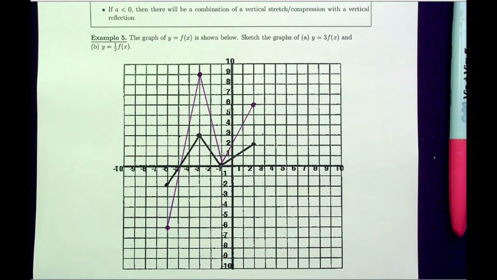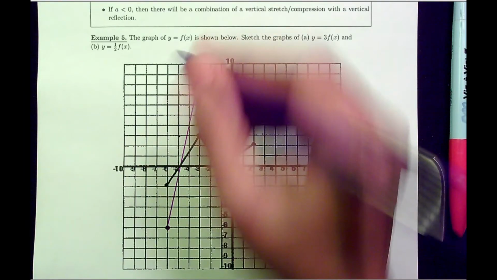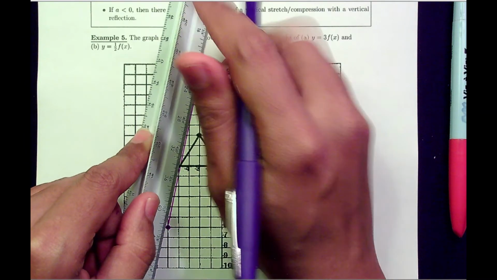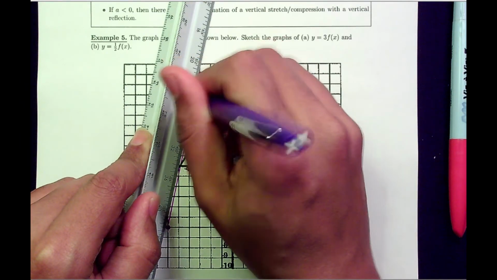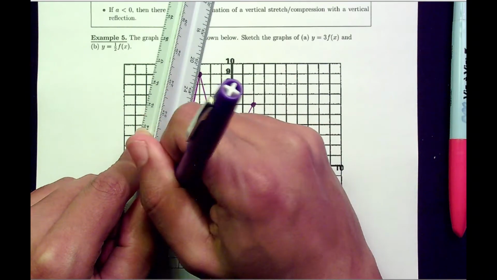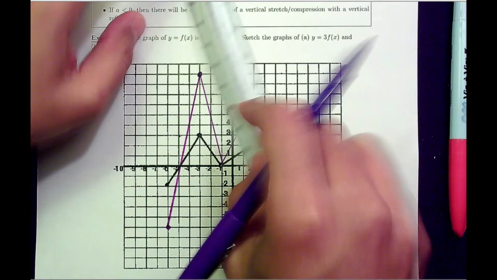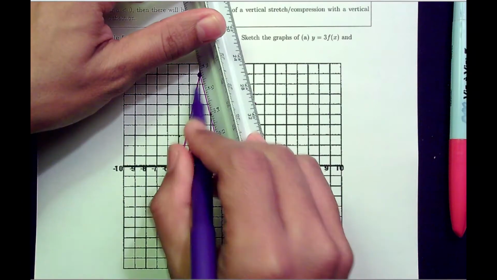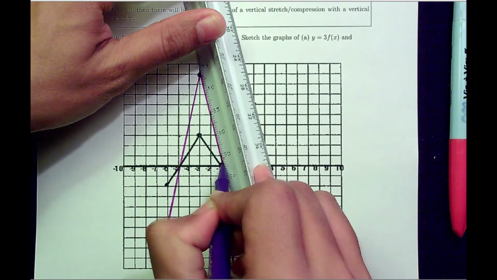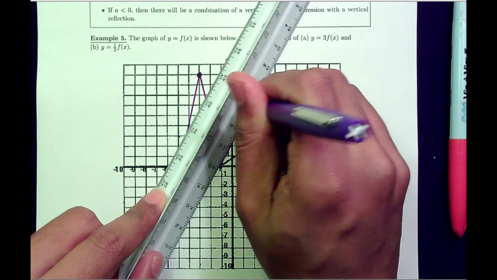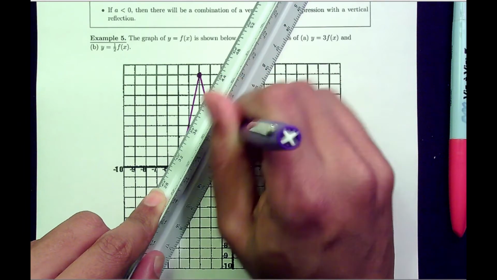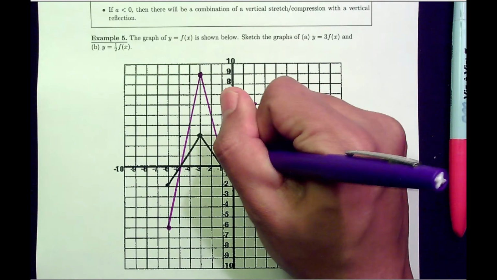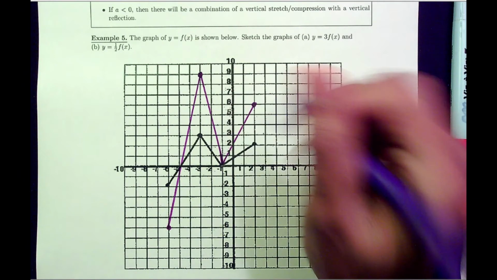And that is the new graph. Let me make it thicker if I can. So there, just a little bit. There. Okay, now you can see that better. It's supposed to end right up there, same spot.